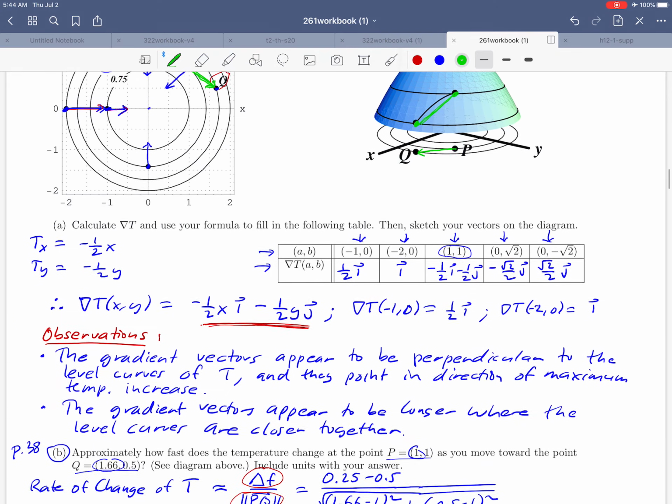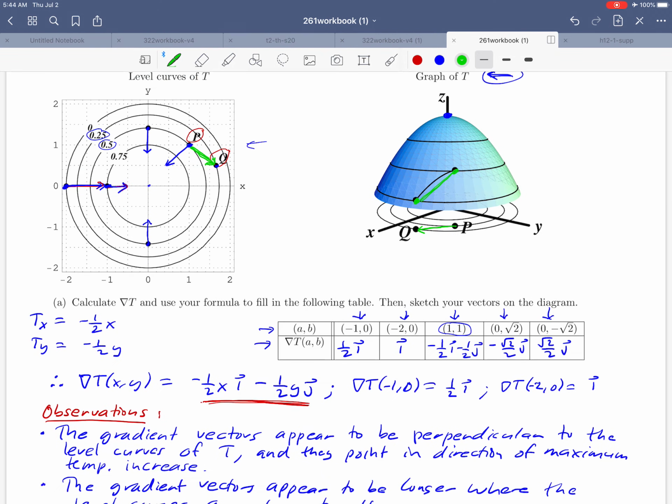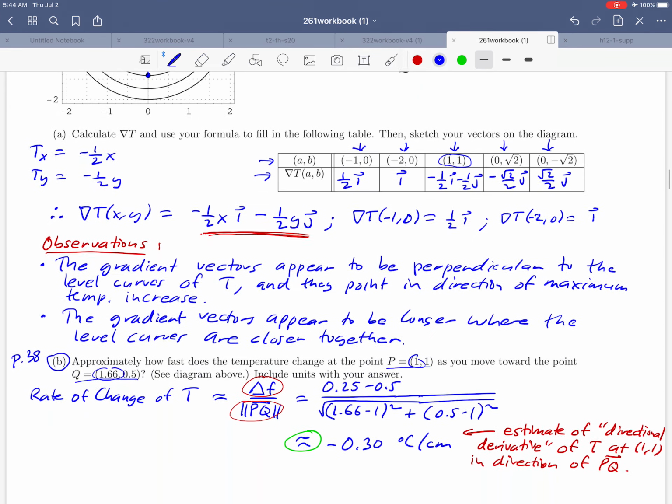To find the exact rate of change, we would need to think about a tangent line at P. I'm going to do my best to draw this in. So if we wanted to know what the exact rate of change of the temperature is at P, we would have to draw a tangent line that just rests on the surface, and parallels the direction P and Q. So picture this line. It's resting on the surface and being right above this direction vector from P to Q. I'm going to label that line L. And if we could find the slope of L, that would give us the exact directional derivative.